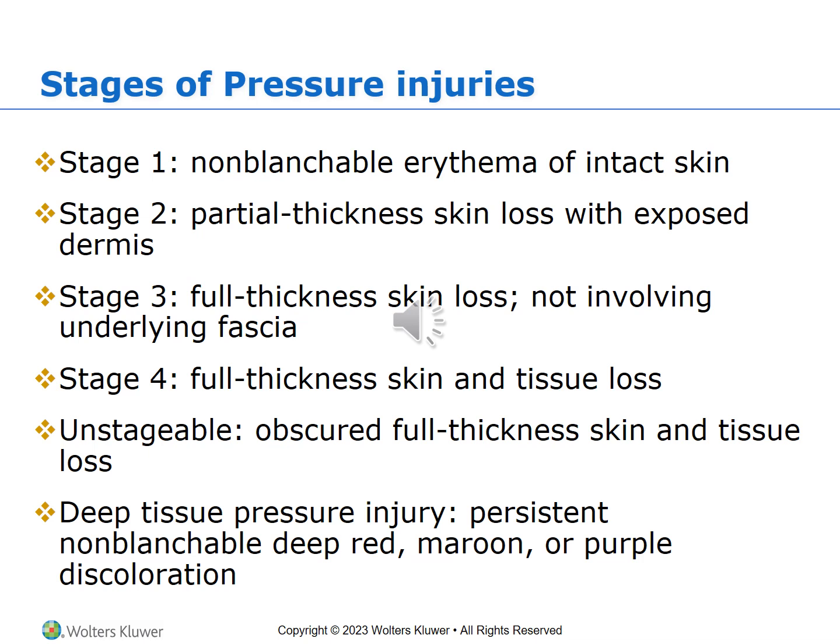And it could also be an intact serum-filled blister. Serum just means clear fluid in that blister. Not a blood-filled blister, but a serum-filled blister. Adipose fat is not visible. So it can be an intact blister or a superficial opening for a stage 2.